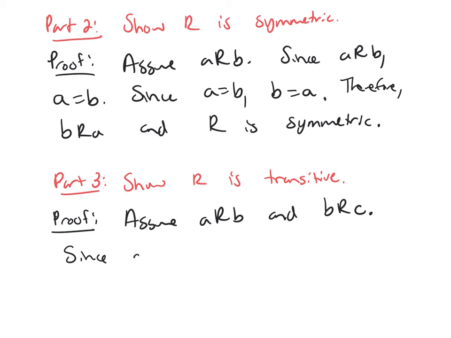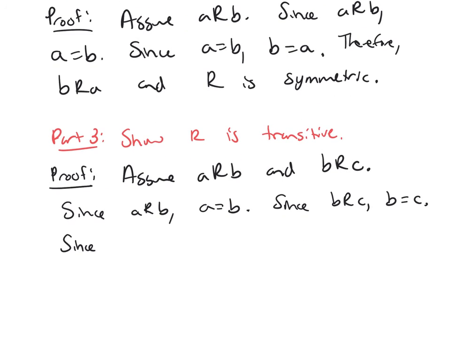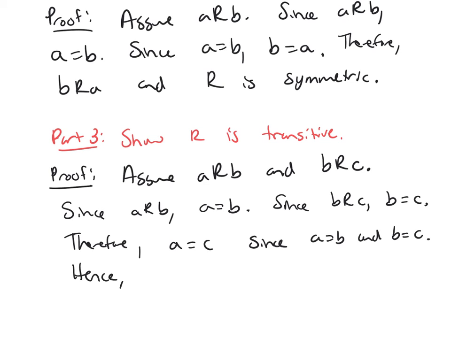I know since A is related to B, A equals B. Since B is related to C, I have that B is equal to C, but now I have A is equal to C, since A equals B and B equals C. So I can conclude A is related to C and R is transitive.